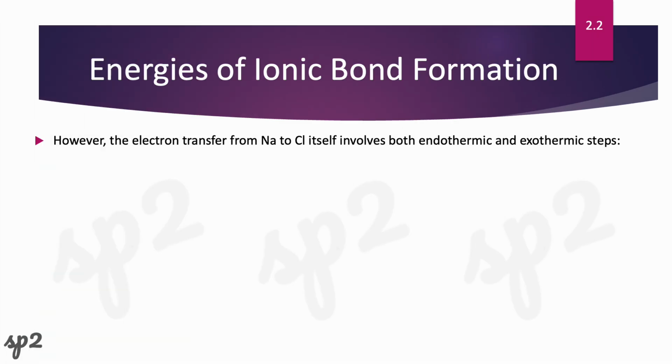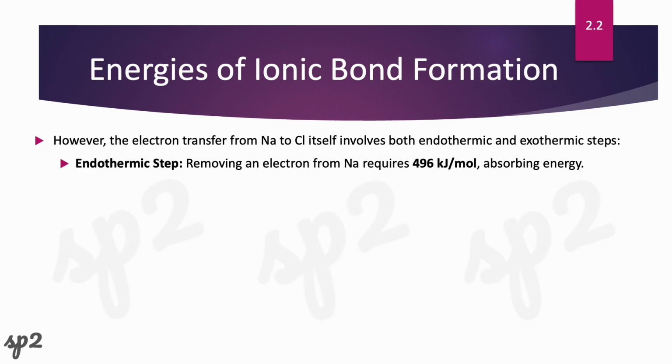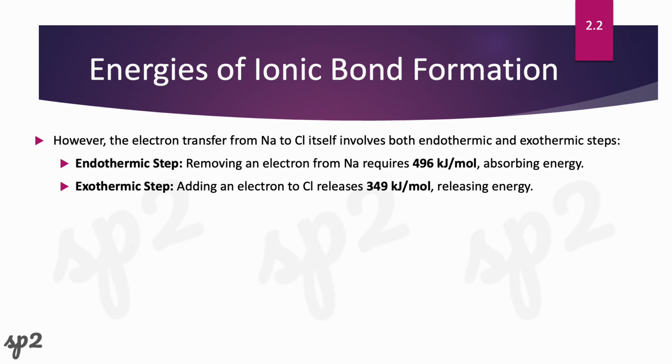however, if you think about the electron transfer that we mentioned from sodium to chlorine, right, this is going to involve two steps. We have the endothermic step, which is removing an electron from sodium. That's your ionization energy, right, which is about 500 kJ per mole. That's an endothermic step. And then I also have the exothermic process, which is adding an electron, right, to chlorine.